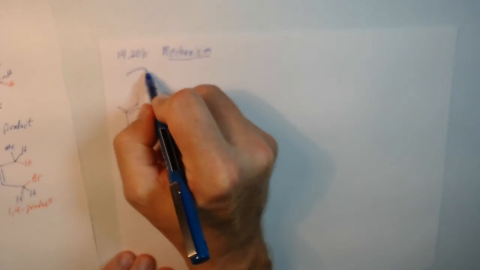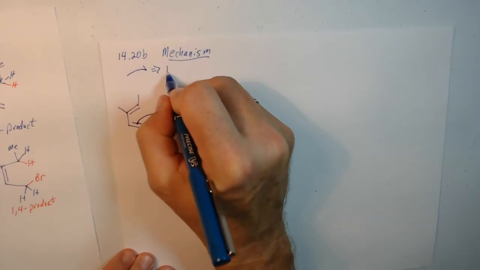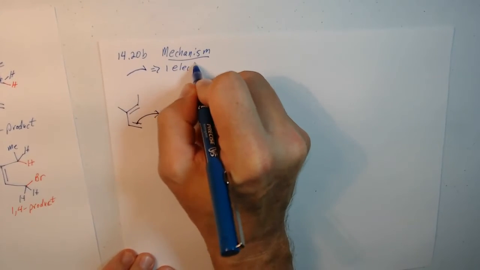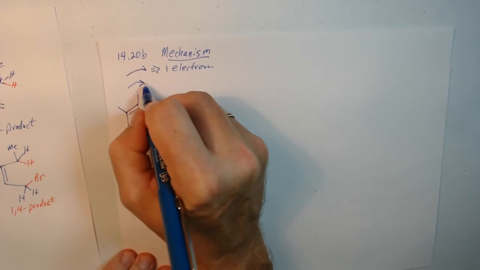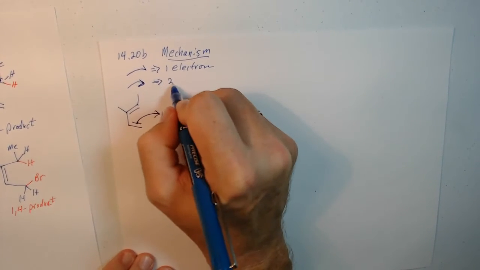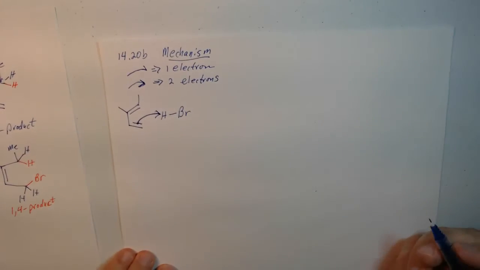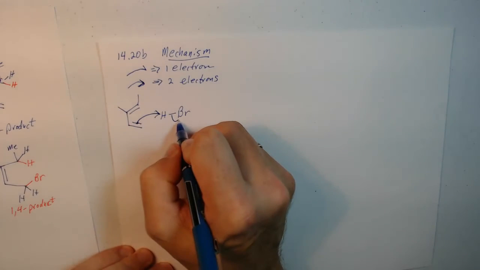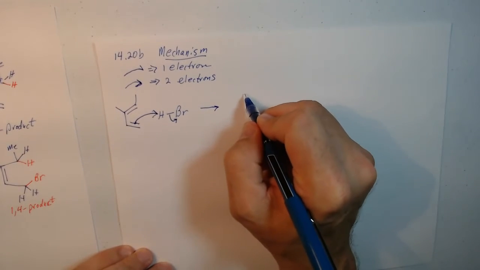Recall that if we use the fishhook arrow, this means 1 electron. That means 2 electrons. Okay. We will break the HBr bond. This produces an intermediate.